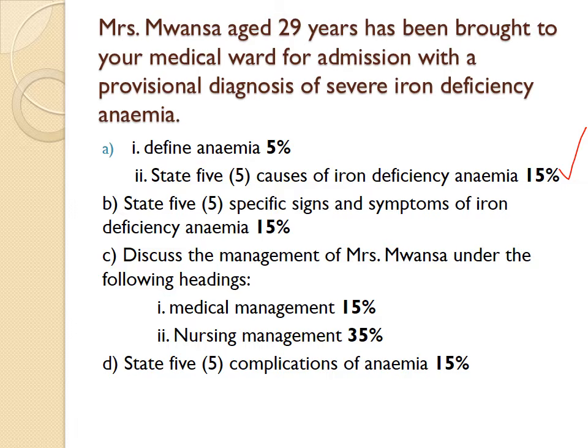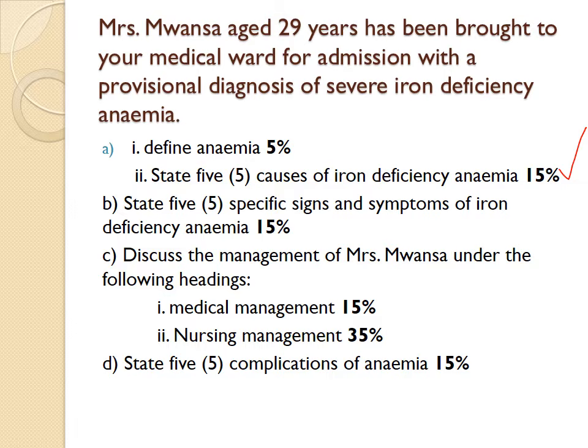Another common cause can be malabsorption. This can be due to chronic pancreatitis or any intestinal diseases. There is also dietary deficiency of iron-containing foods such as meat, liver, and eggs. Also, frequent pregnancies.